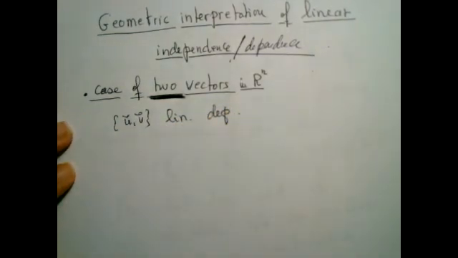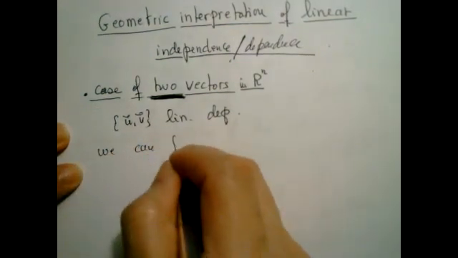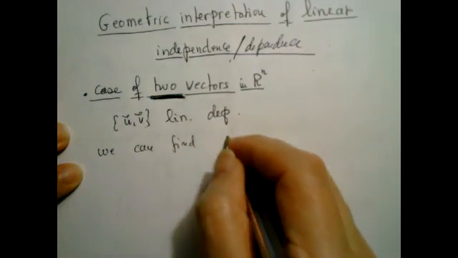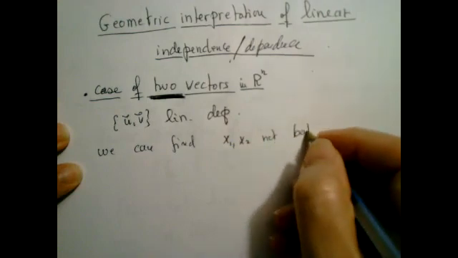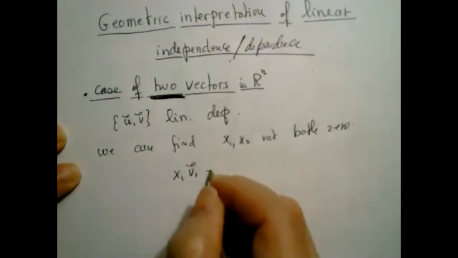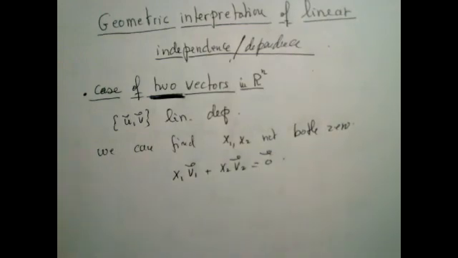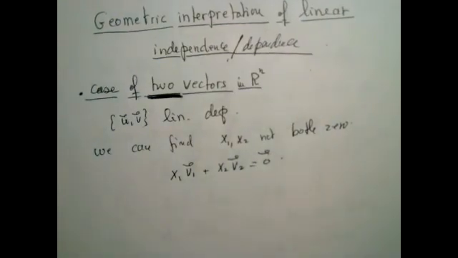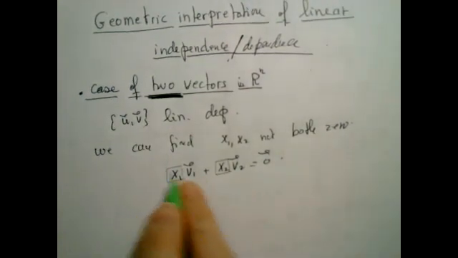Linearly dependent, if I follow the definition, it means we can find scalars, not zeros. We can find x1, x2, not both zeros, such that this equation is satisfied. That's what linearly dependent means. I can find weights, not both zero, such that this holds.